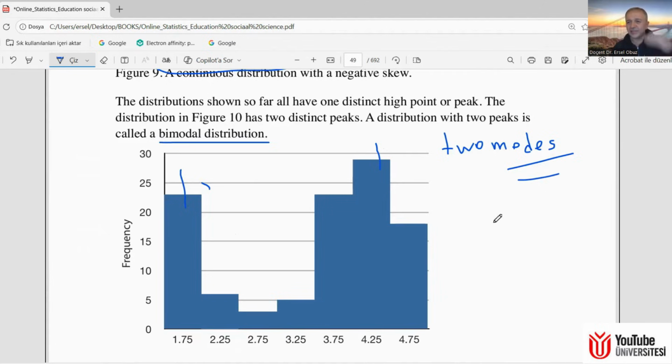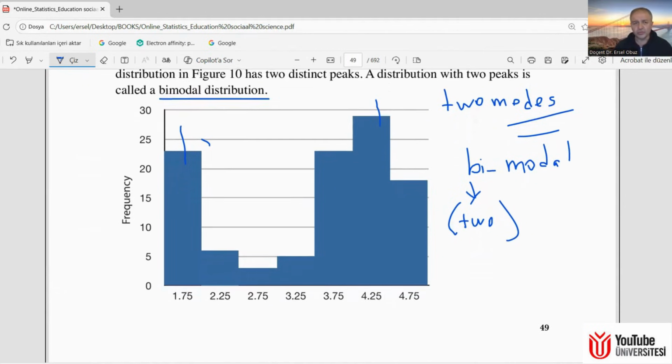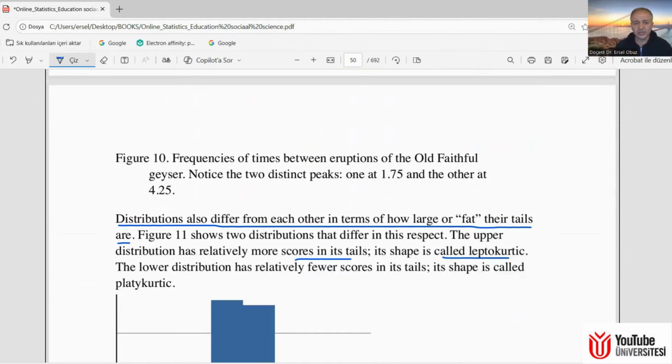From Greek to Latin, it's called bimodal. Bi means two. So it's going to be two modes. It's a bimodal distribution.